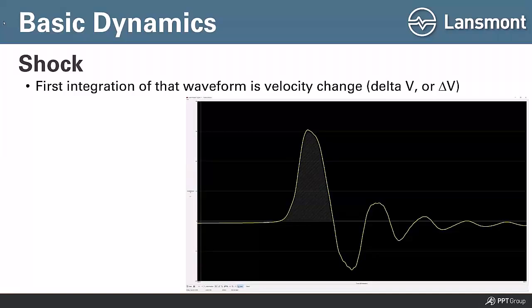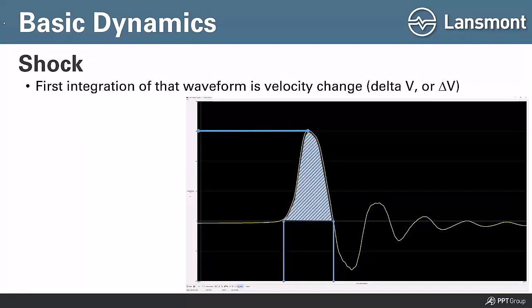I say delta V on the right-hand side there, that's the little Greek symbol for delta velocity. You see those references quite often. What does that mean? It's basically the first integration of one of these waveforms, the area underneath that shock pulse and above the zero line.